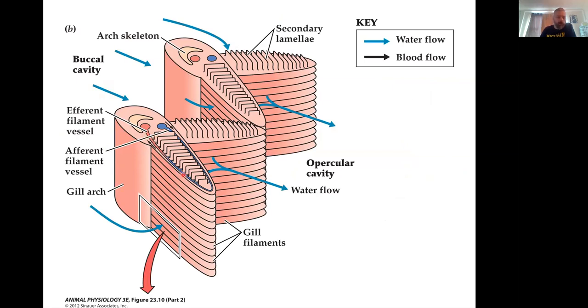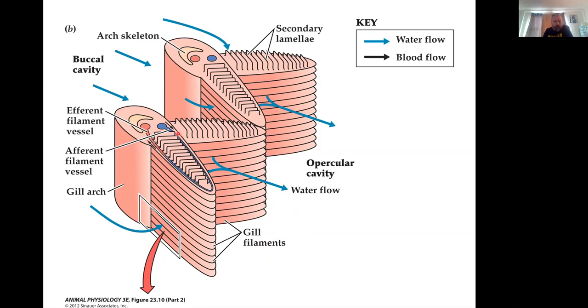And the gills themselves are made of these tiny little branches here called gill filaments that water will flow across and in between. And blood will flow, so water is coming in this way, blood flows this way. Okay, so it's partially countercurrent, partially cross current. And in doing so, right, it picks up oxygen from the water and returns to the body that way.